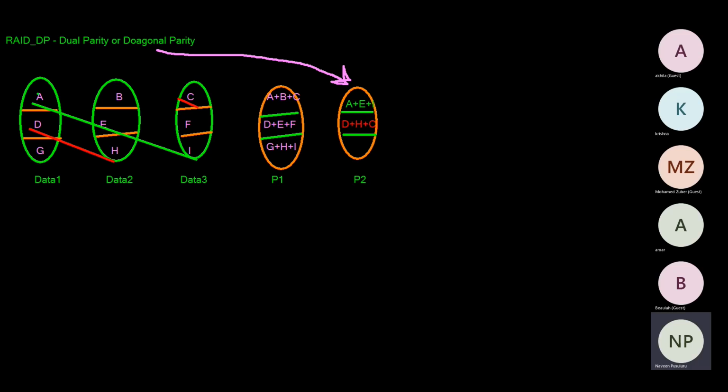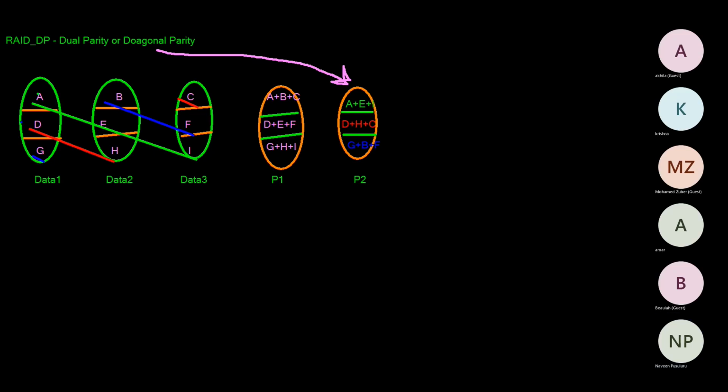Okay, it will calculate the data diagonally. G plus B plus F. Okay, like that. This is how it will calculate the data in the second parity, which is a diagonal parity.